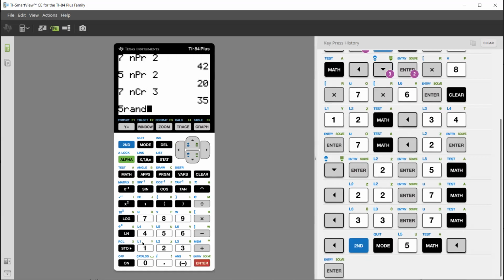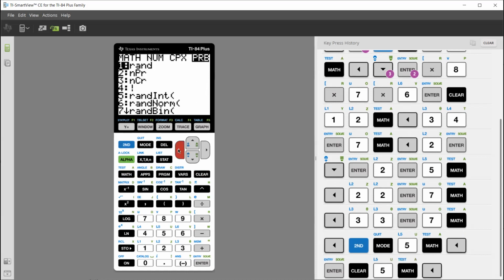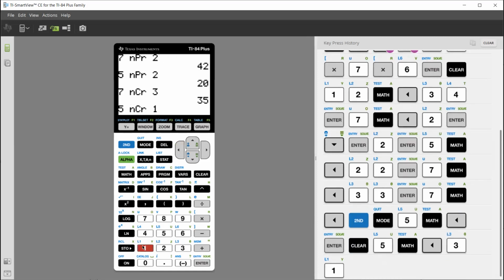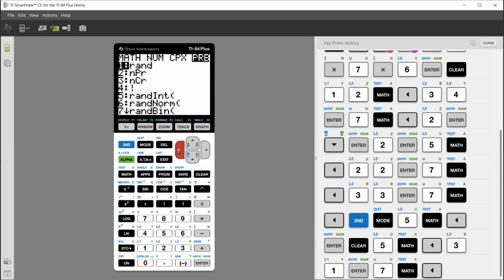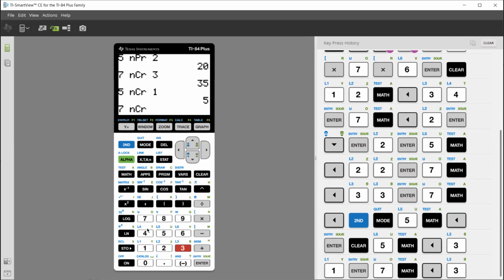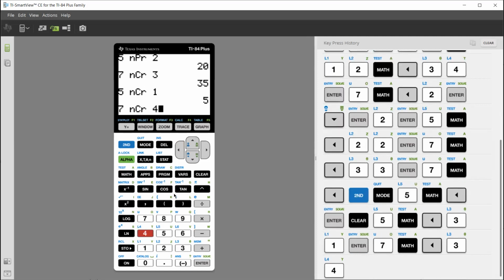So we have 5, math, probability, 3, 1. And that's 5, which we probably could have figured out. And then 7 choose 4 is going to be 35 again. And 5 choose 0, as I indicated before.